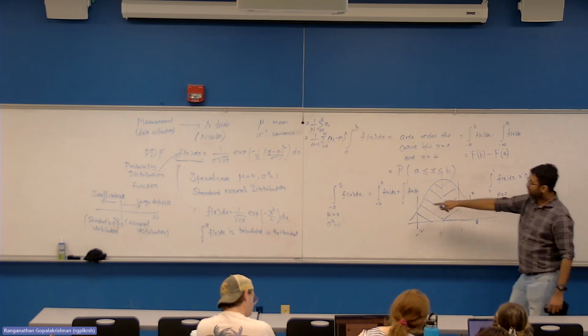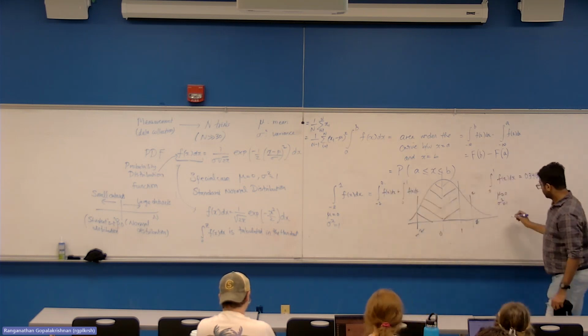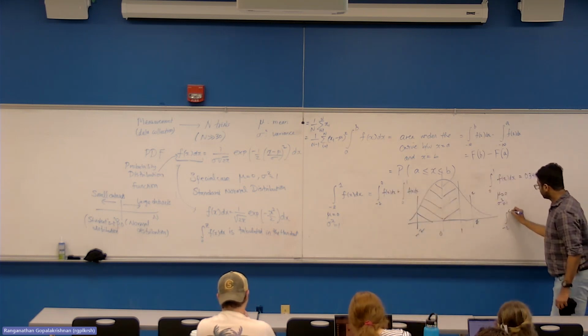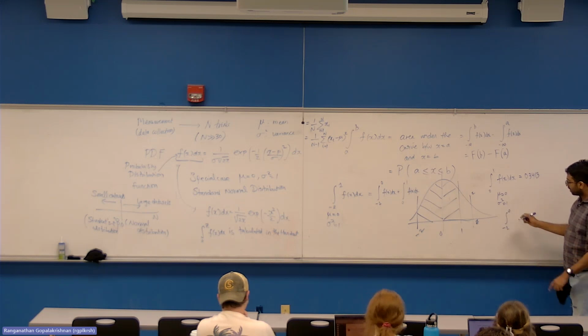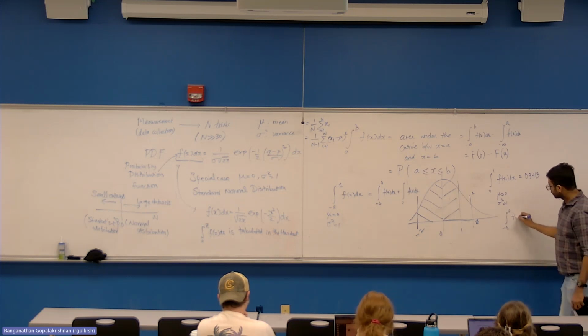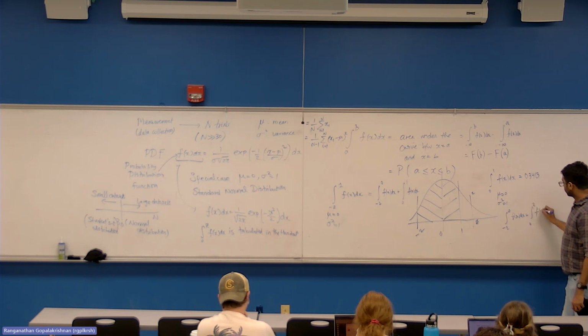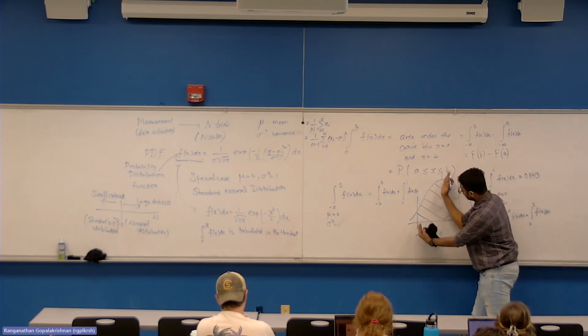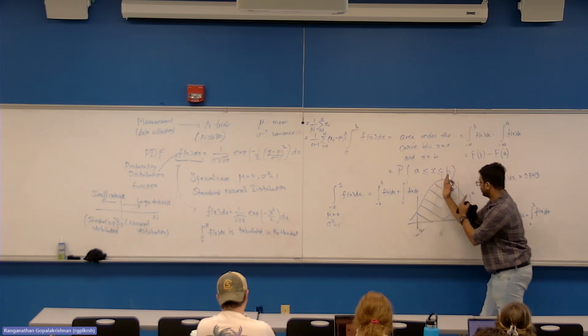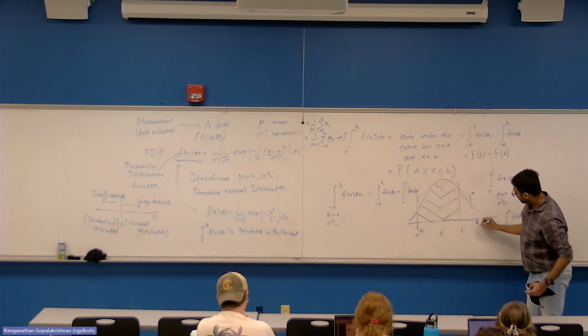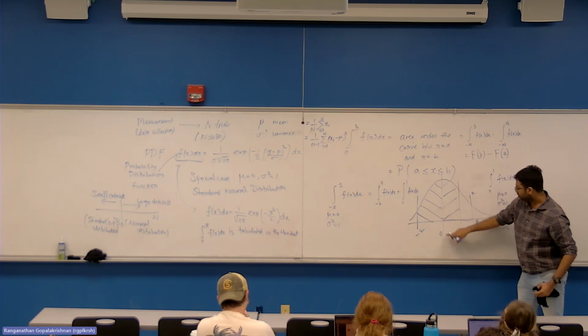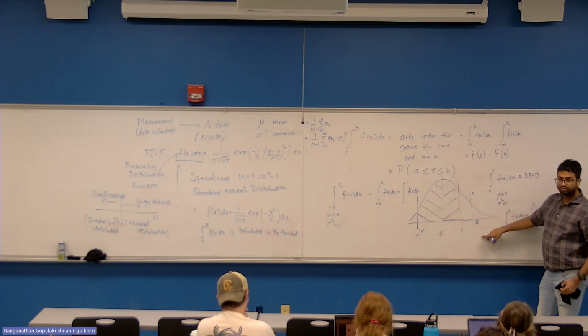The other one, -2 to 0. I did this, so instead of repeating everything, I'll just say -2 to 0 f of x dx is equal to 0 to 2 f of x dx. Since this is symmetric, it's almost like putting my hand here and flipping the page, and it would fall here at 2. So -2 to 0 is same as 0 to 2.